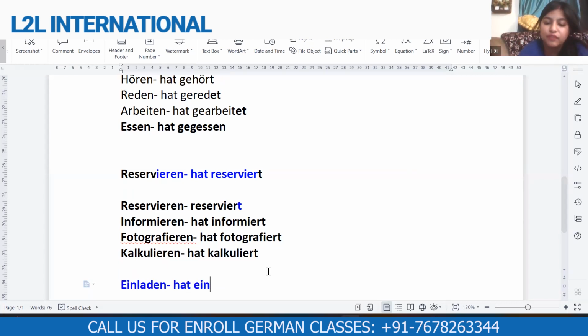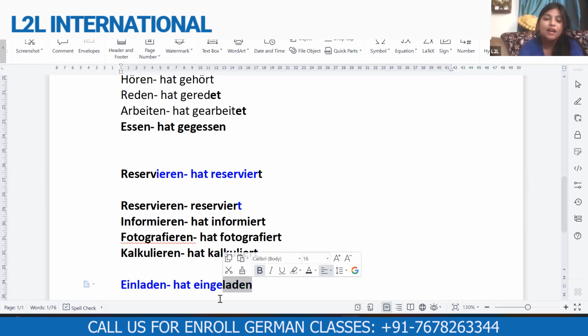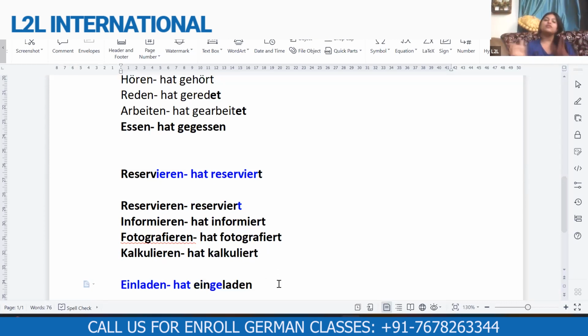For example, we write the prefix, then GE, and then laden: ein-ge-laden, like this. So remember, whenever we make the participle of any separable verb, we don't put the GE at the first place. Rather, we keep it in between, between the prefix and the verb.